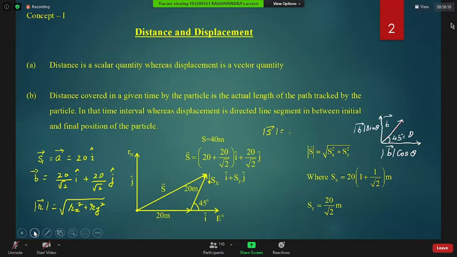Check this. Is it clear? Yes, sir. Done. Actually, it is the y-axis. North I have taken as y.